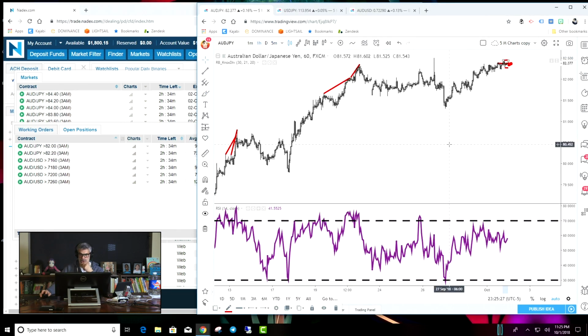If you look at the longer term, price has done 1, 2, 3 legs upward. And it seems completely reasonable that here at the release of the Australian interest rate, we're going to see price move lower. It seems completely reasonable.